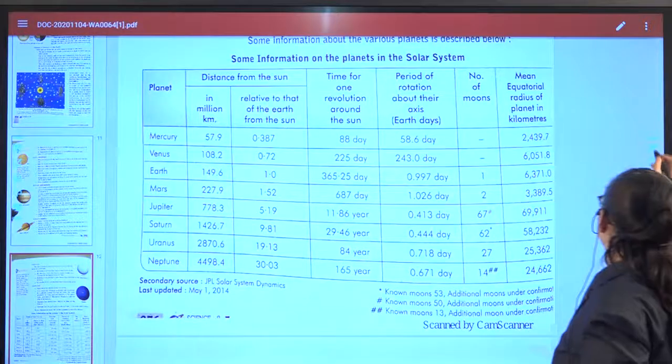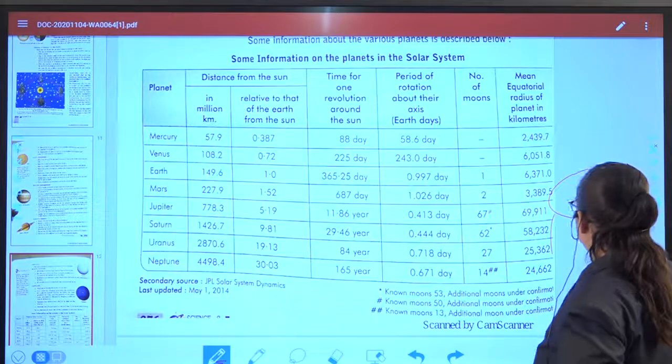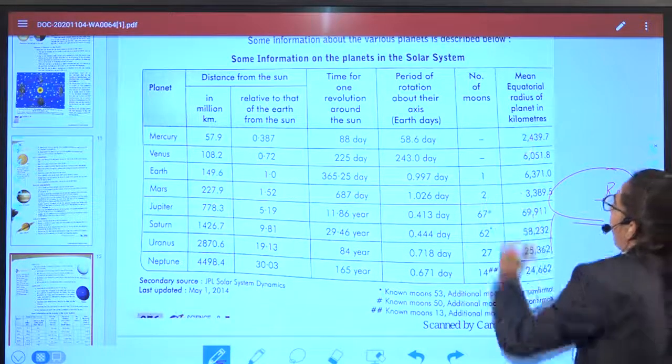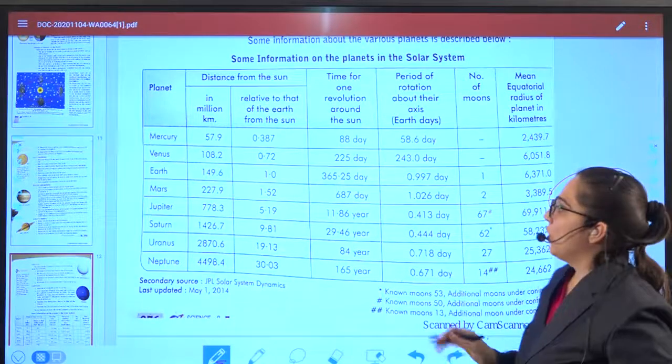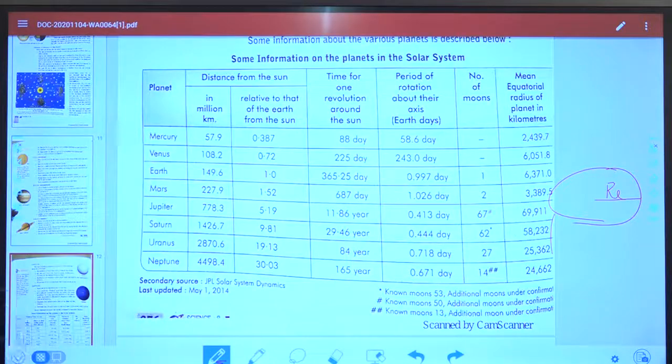Even Earth is like a round orange. So the equatorial radius, that is this much radius, is given here. Just read it. You don't have to memorize a single thing, you just have to read it.